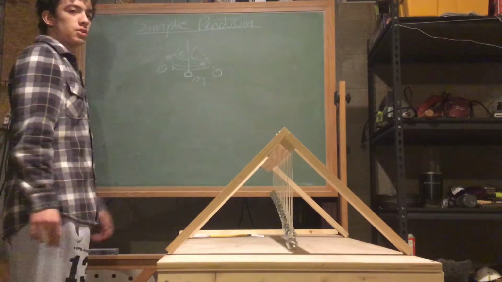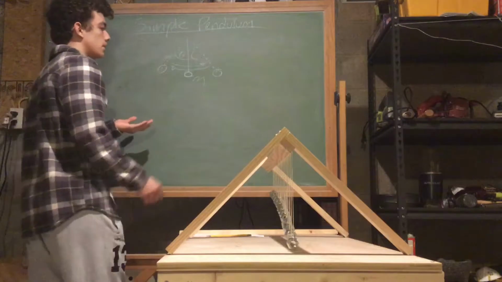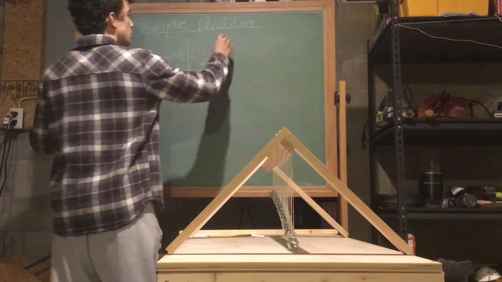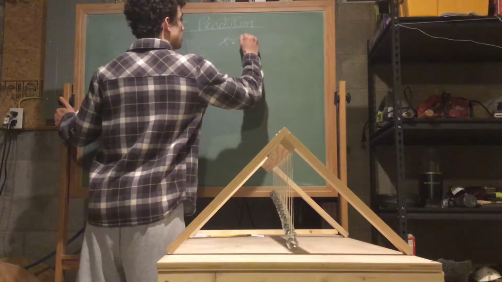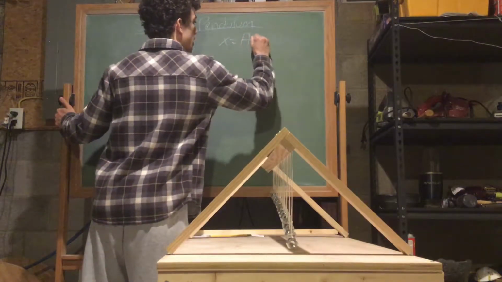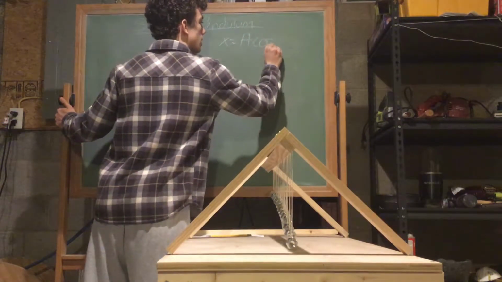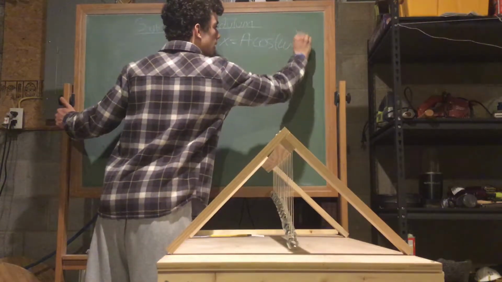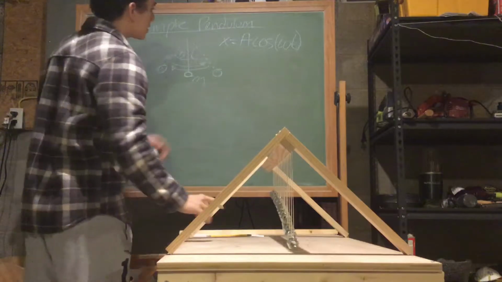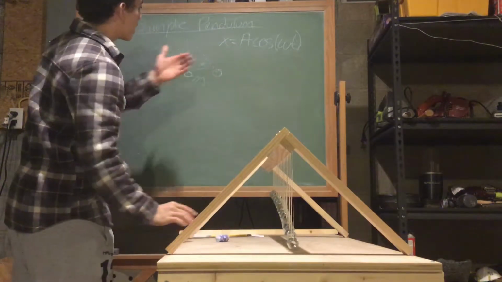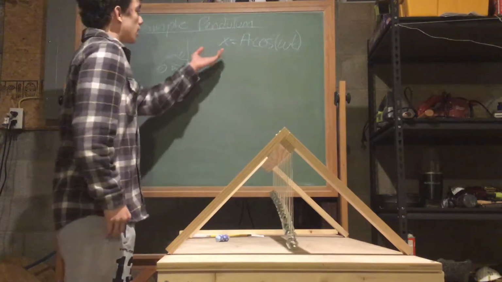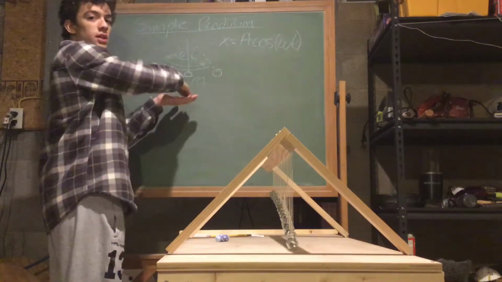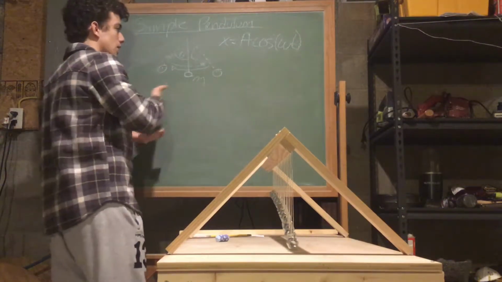So to describe the position of the mass, the equation is x equals A cosine omega t. This equation basically describes the x position of the mass, not taking into account y, just horizontal.